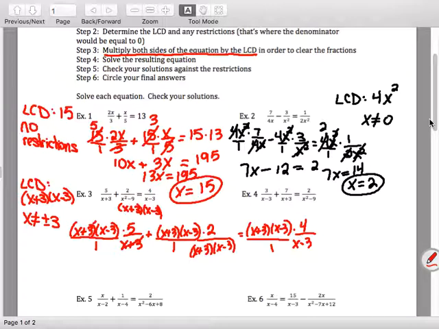So an x plus 3 cancels, and I get 5 times the x minus 3. Here, both denominators cancel, and that leaves me with just 2. And on the right side of the equation, the x minus 3 cancels, and I have 4 times x plus 3. I'm going to pause, and I want you to solve this resulting equation.